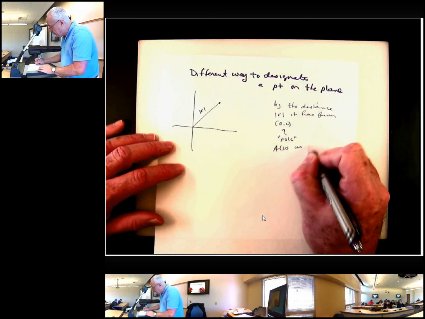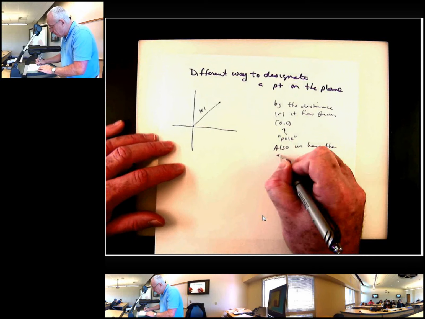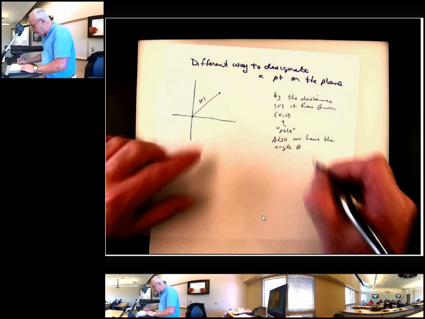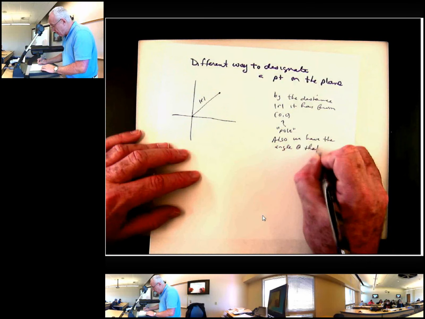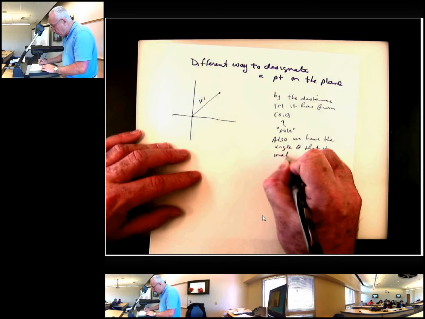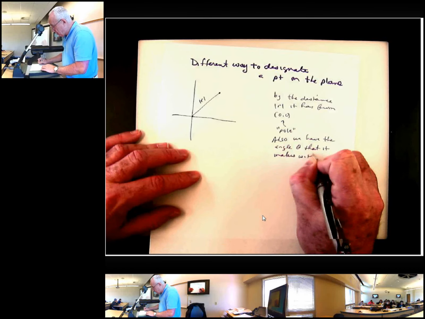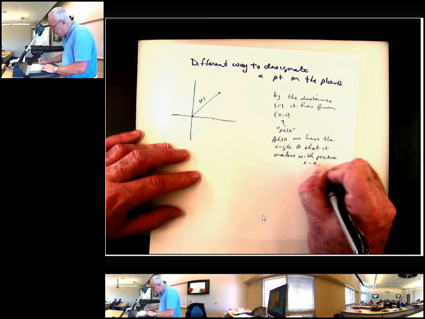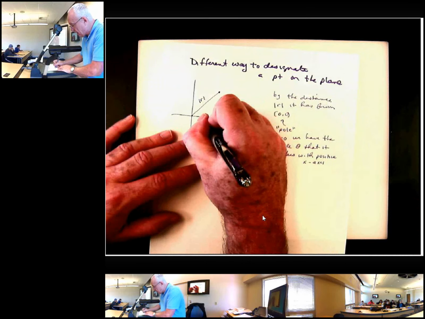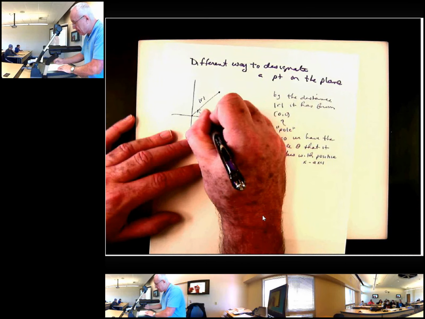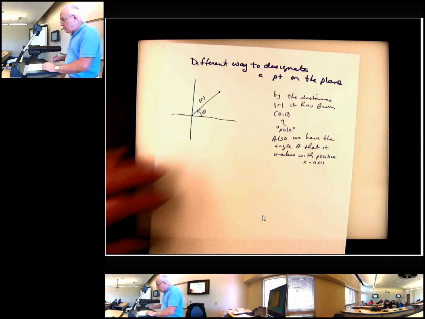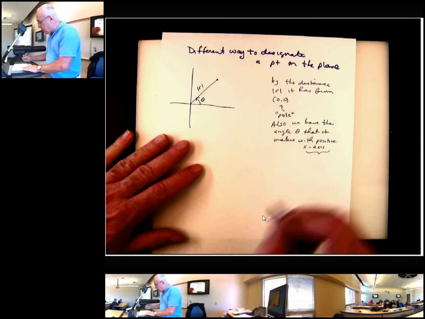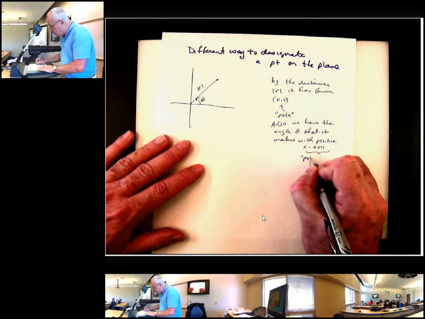Also, we have the angle theta that it makes with the positive x-axis. Here we have an angle theta made with that positive x-axis. Another bit of terminology: the positive x-axis is called the polar axis.